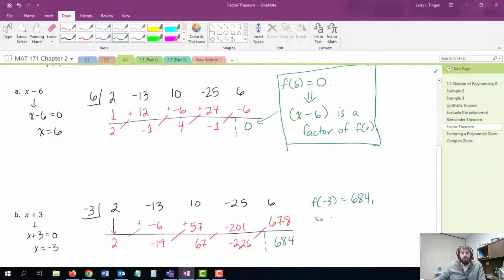So x minus negative 3, which becomes x plus 3, is not a factor of f of x.